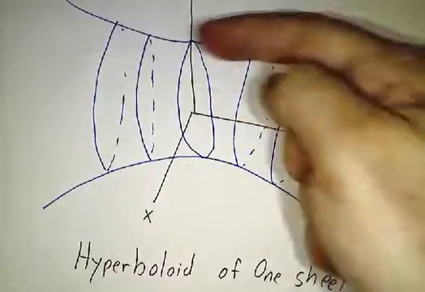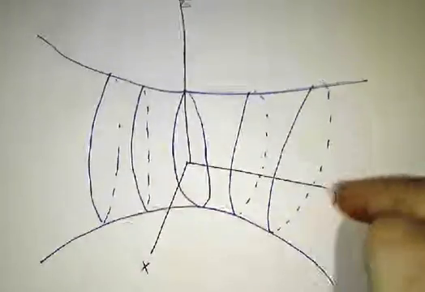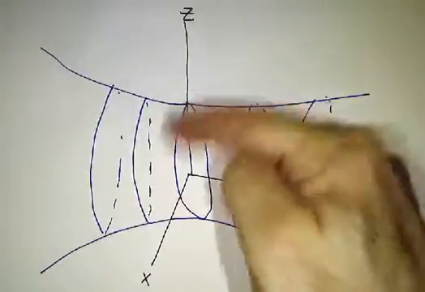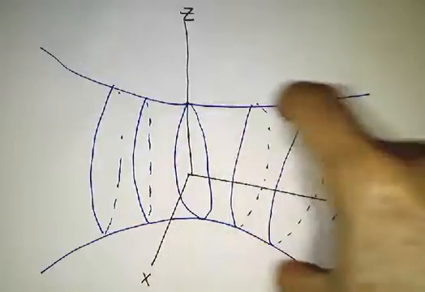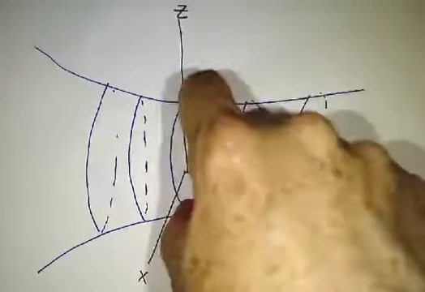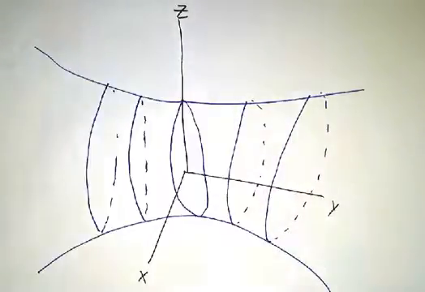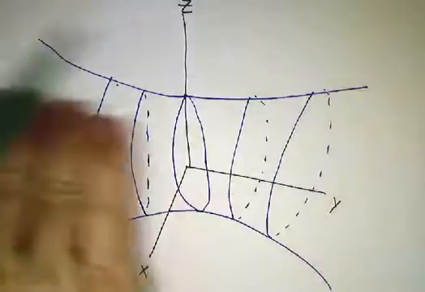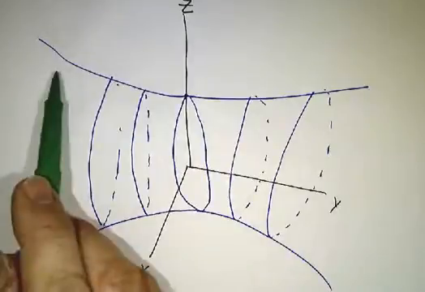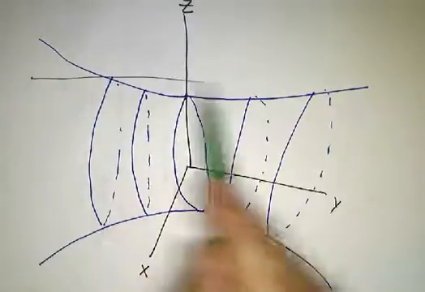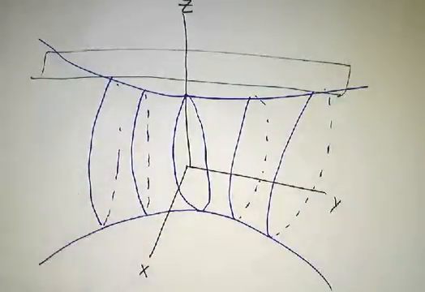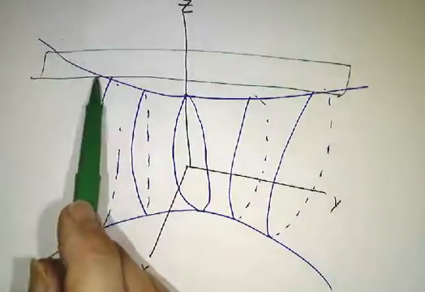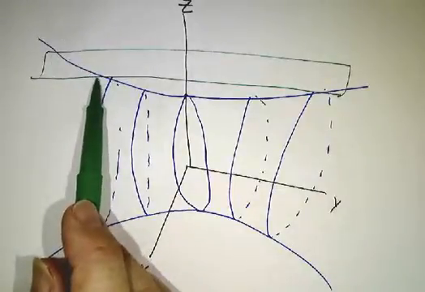If you fix the value of y, you get an ellipse, and the ellipse grows as y increases in one direction. It grows as y goes negative. If you slice it with a horizontal slice, if z is bigger than 1, you get a slice up here, and that gives you a hyperbola.